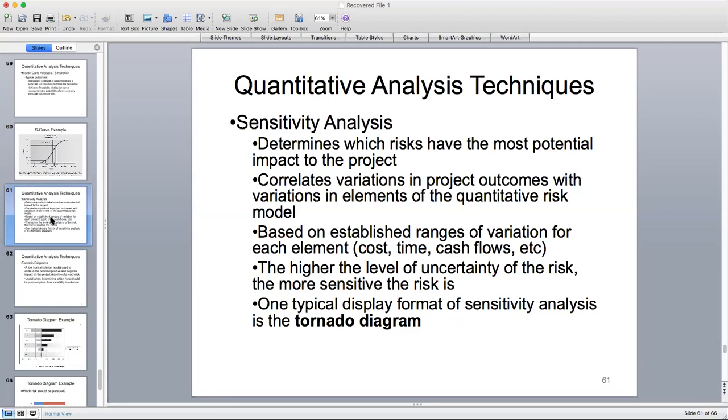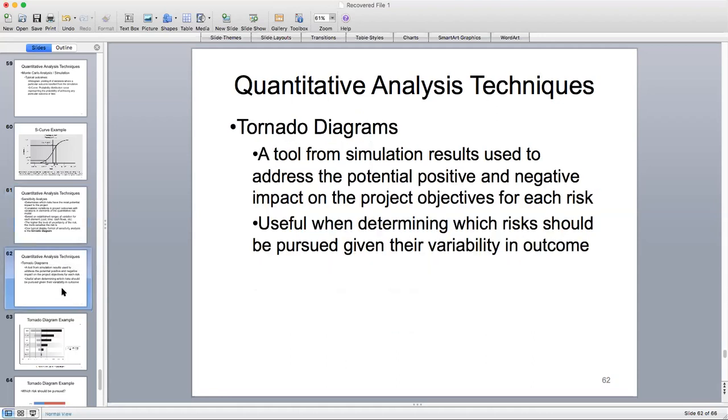And if the total cost of the project is not changing with those values, it means that the project is not very sensitive to those risks. But some risks are, they cause a lot of variability with the project, and that means the project is very sensitive to those risks. So it's a tool for simulation results used to address the potential positive and negative impact on the project objectives for each risk.